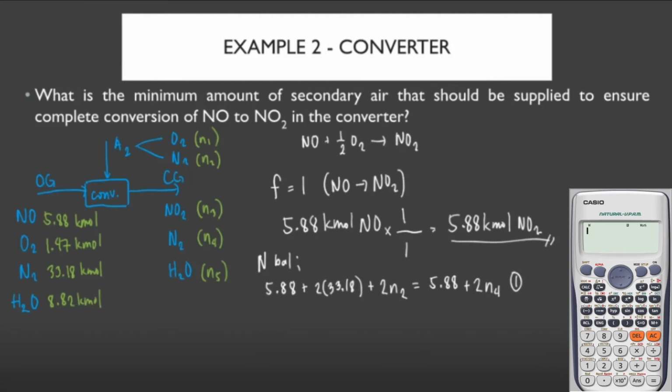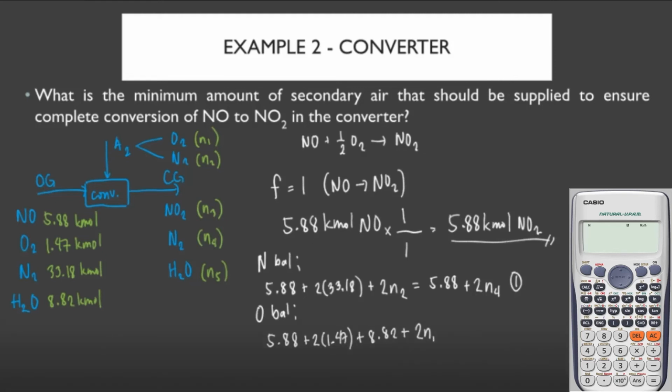Our second equation would come from the oxygen balance. Our oxygen balance is 5.88 coming from NO of the feed plus 2 times 1.47 coming from the remnant oxygen in the oxidation gases, plus coming from H2O, 8.82. From this, we add the oxygen coming from the air, that is 2N1.